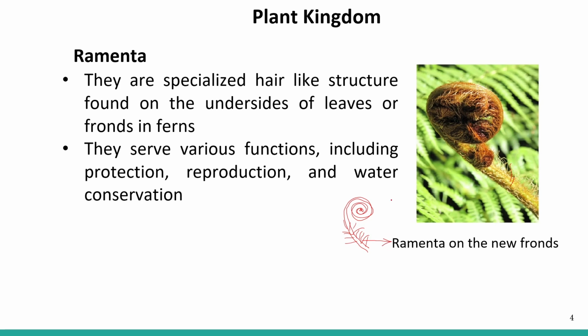Okay, so they are specialized hair-like structures found on the underside of the leaves or fronds in ferns. So in ferns, they are present on the underside of the leaves or fronds. They serve various functions, including protection. They provide some sort of protection. Also helps in reproduction and water conservation.